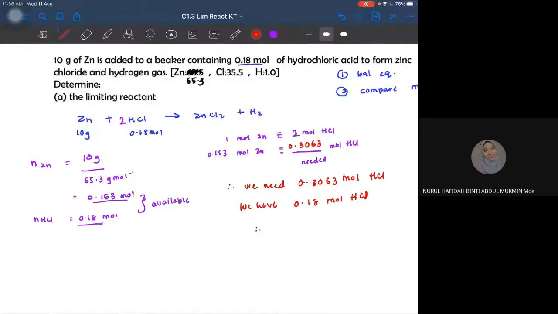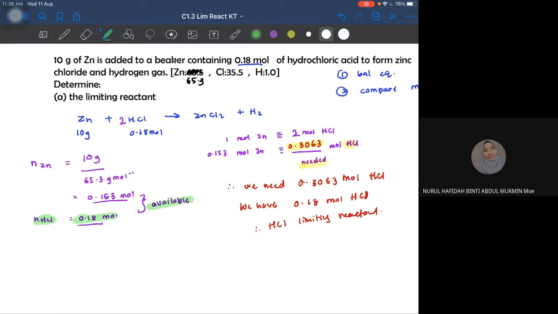So kita boleh cakap conclusionnya HCl adalah limiting reactant.